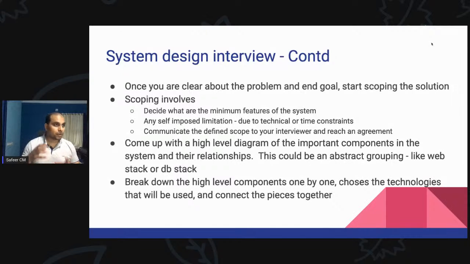Once you're clear about the problem and the end goal, what you have to deliver, then you need to start scoping the solution. So what is scoping? When we talk about features or requirements that you got, that is perfectly fine. But then you need to say, okay, I'm going to implement the system, and these are the fundamental features that I'm going to provide. That's part of the minimum viable product.